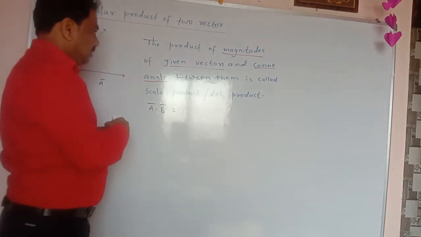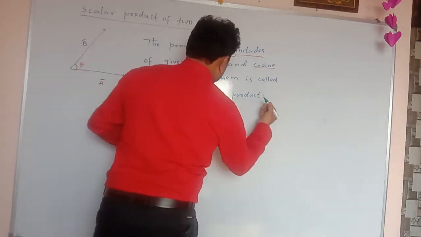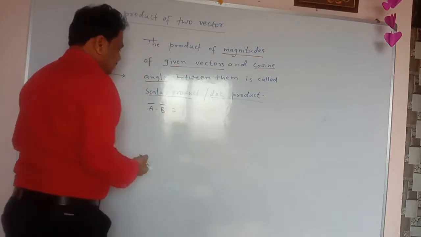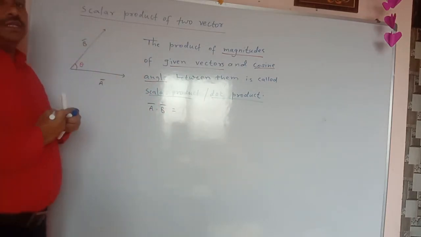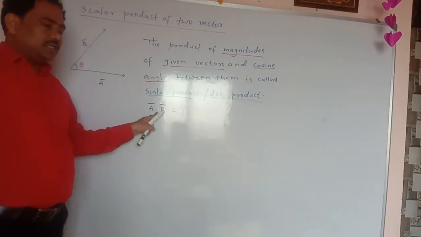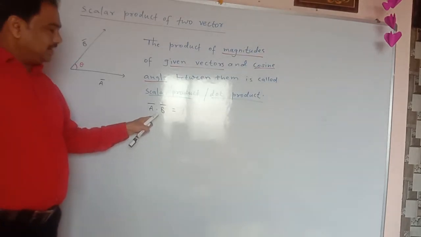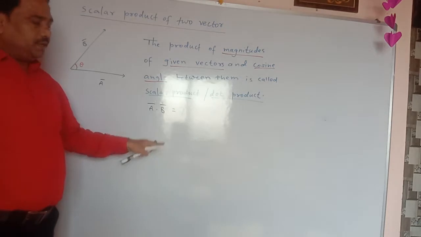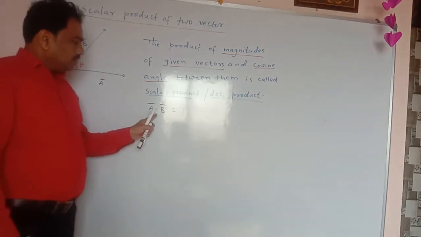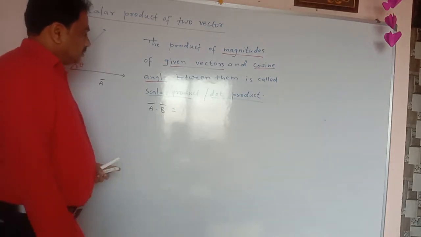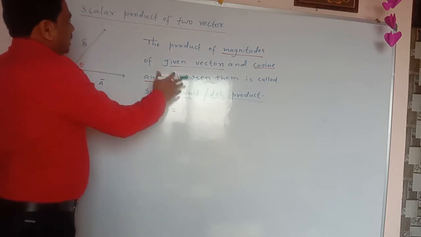This dot product is also called the scalar product. So this dot definitely represents a scalar product. How do we read it? Vector A dot vector B.